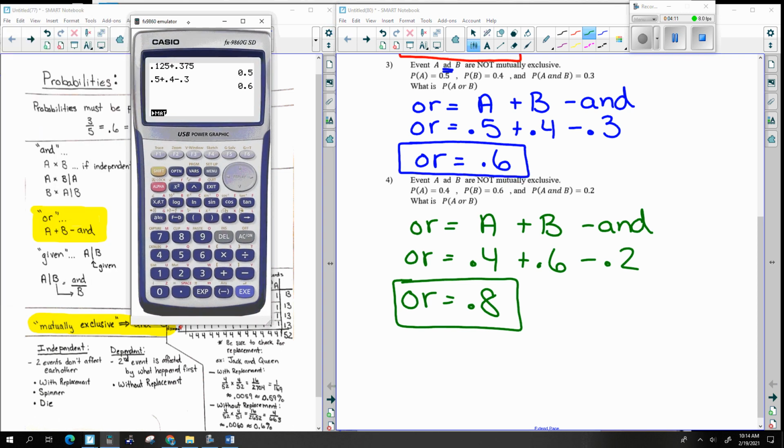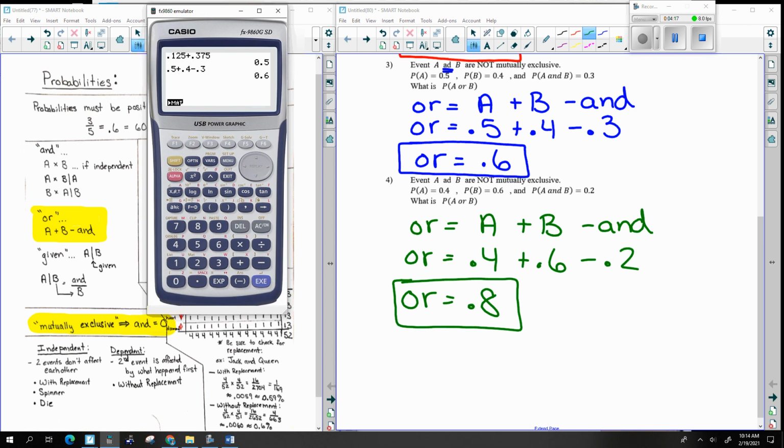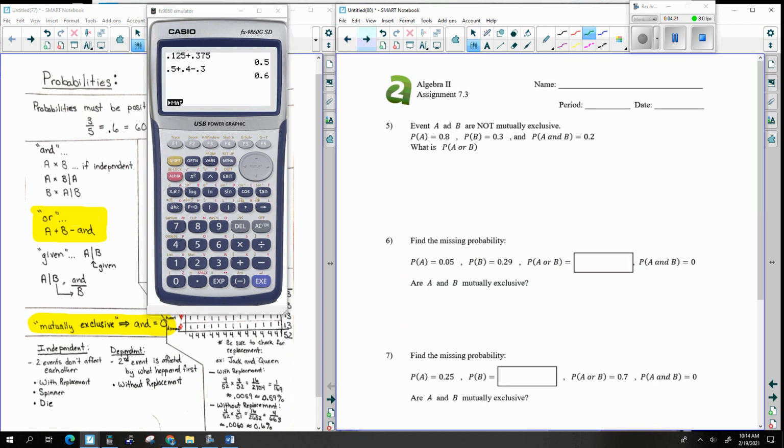Let me scooch this calculator over so you can still see the formula that I speak of. All right, do it again. Or is A plus B minus and. So in this situation, or is equal to 0.8 plus 0.3 minus 0.2. That will come out to be 0.9.